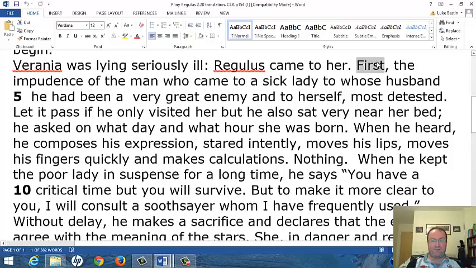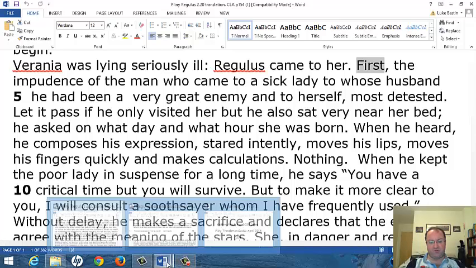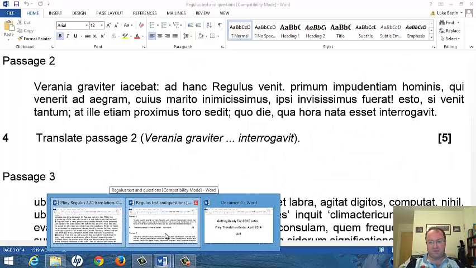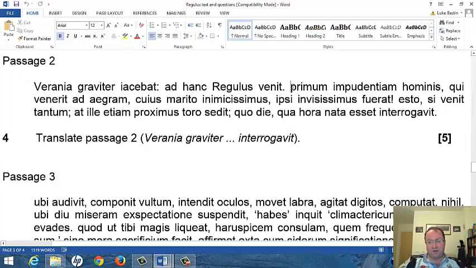So your English is saying first, the impudence of the man who came to a sick lady to whose husband he had been a very great enemy, and to herself the most detested. Okay, well actually that's pretty literal. And if you can memorize that, that's great. But let's go through it. So first, the imprudentiam, the impudence of the man.